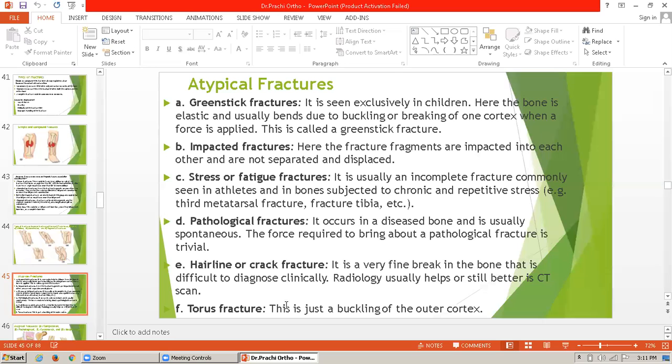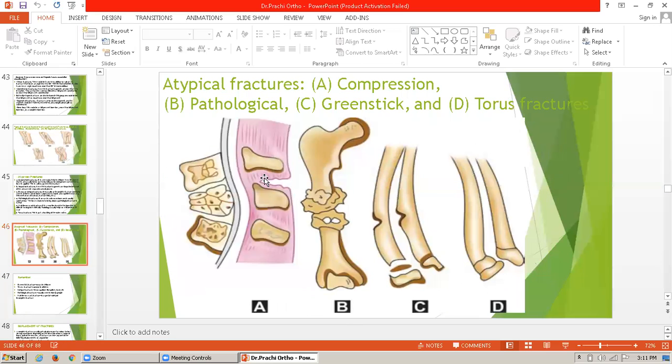Then a torus fracture is just a buckling of the outer cortex. In the diagram of the atypical fractures, we learned how a compression can occur. Here there is a compression in the lumbar region.